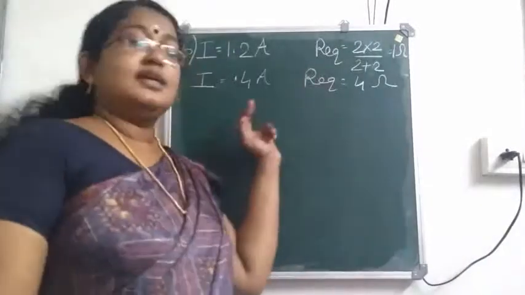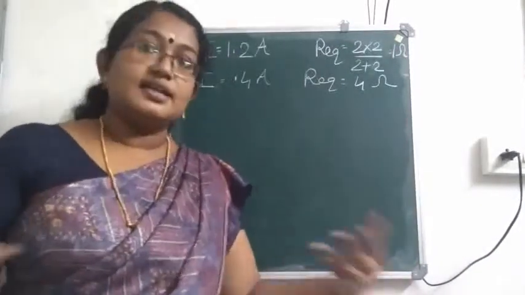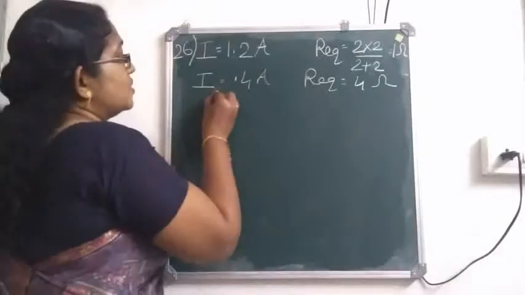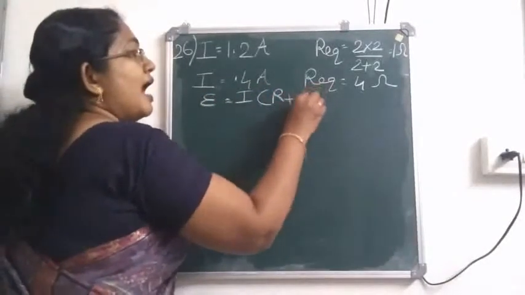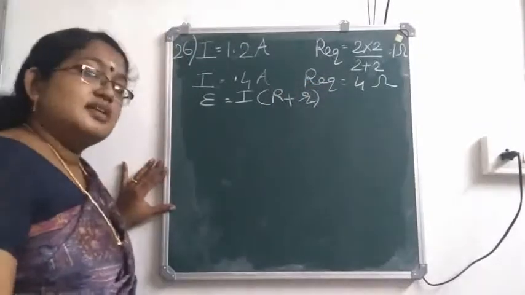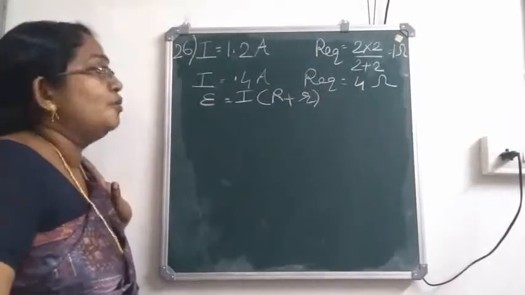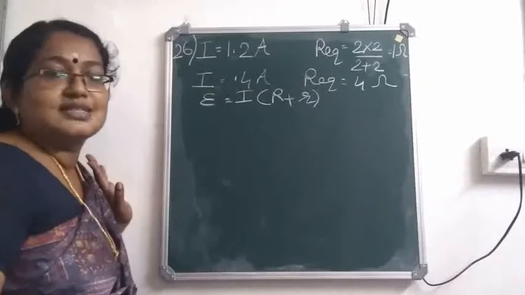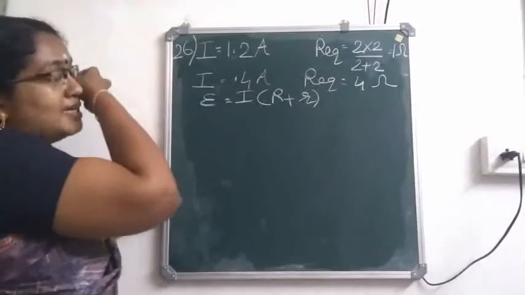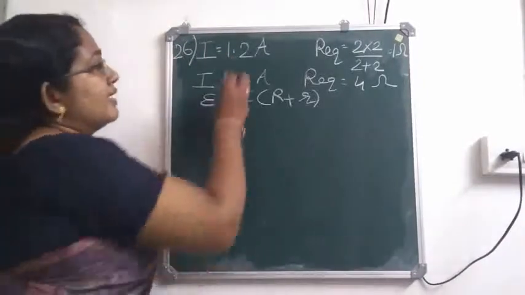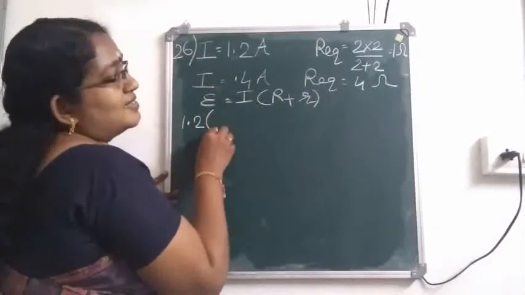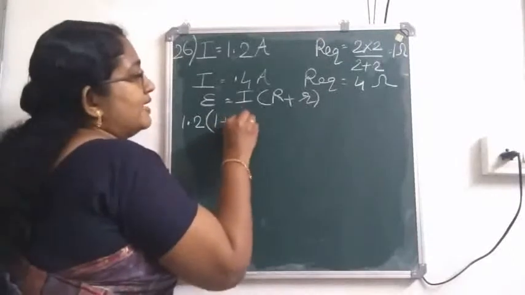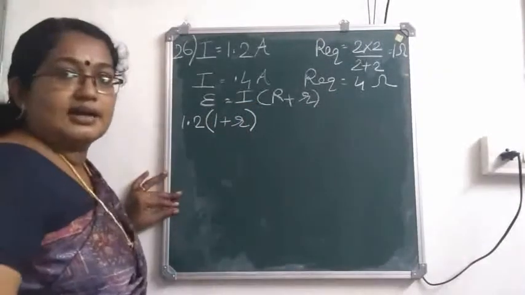So in both the cases we will write this equation, then we can equate, isn't it? So epsilon is equal to I into (R plus r). Whether it is series connection or parallel connection, no matter, epsilon will always be a constant. So in the first case, how can I write the equation? Current is 1.2, and what about the total resistance there? 1 plus the internal resistance r.